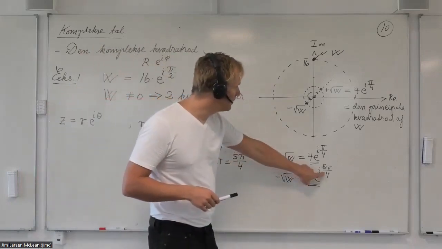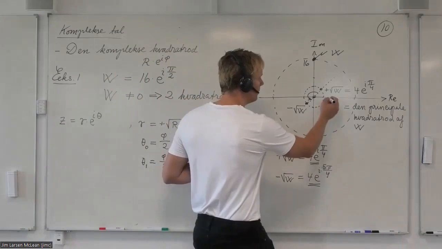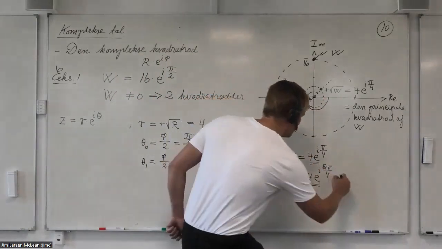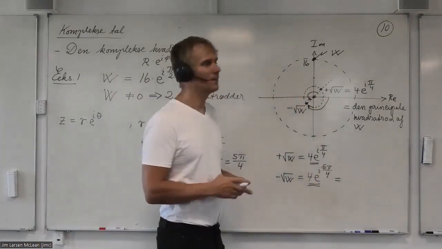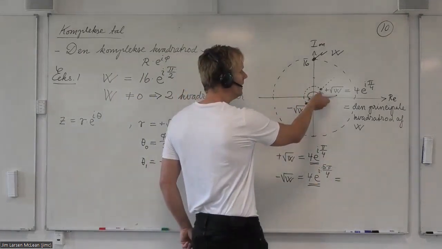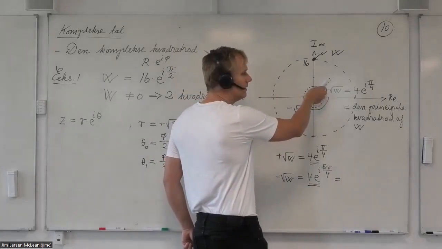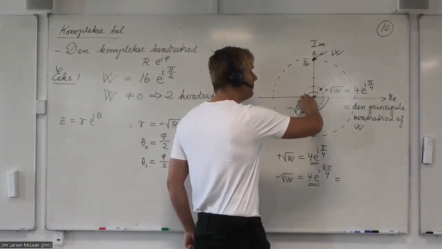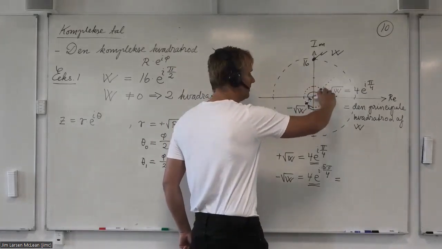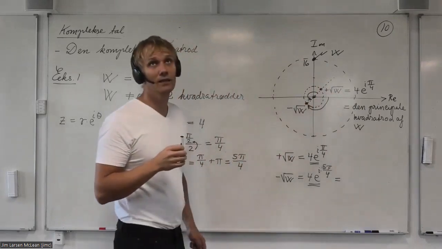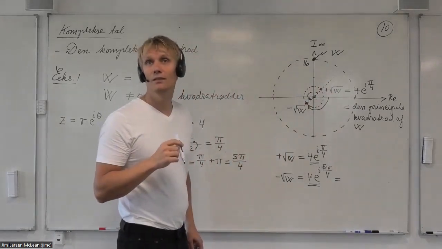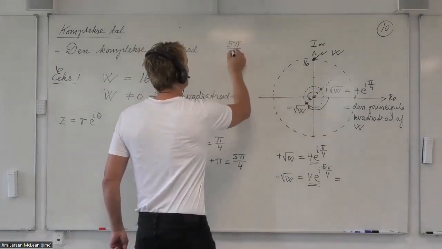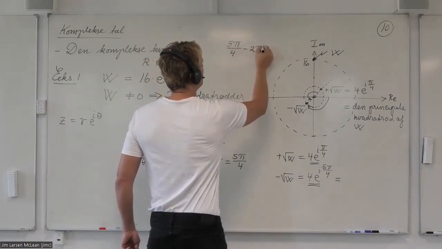I've chosen the principal argument. So if you wanted to present it as a principal argument, you'd have to figure out the size of the angle here. So what I've written here can also be written like this. And then let's just think for a moment. If up to here is a quarter pi, and here we have 4 pi over 4, so then this is 5 pi over 4, so we must have 2 pi minus, no, it must be 5 pi over 4 minus 2 pi, because I need to have something negative here, and 5 pi over 4 minus 2 pi, let's work that out.